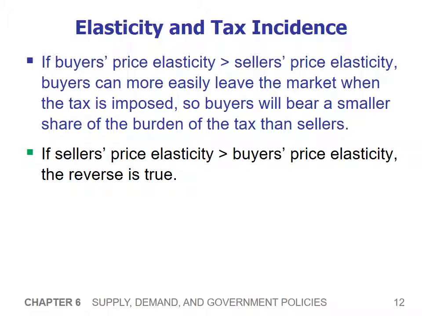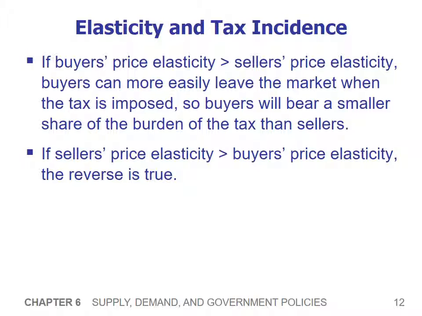Consequently, buyers will share less in the burden of the tax than the sellers. The burden of the tax will fall more heavily on the sellers. On the other hand, if the supply curve is more elastic or flatter than the demand curve, then the burden of the tax will fall more heavily on the buyers.